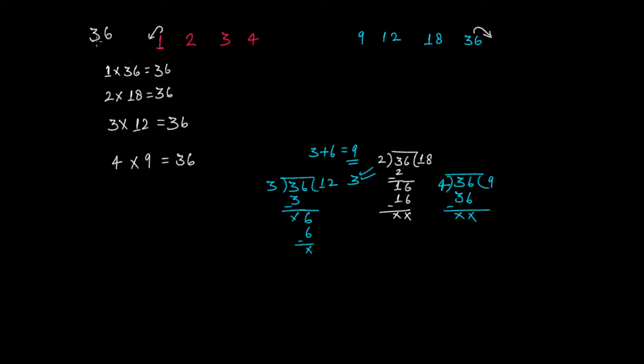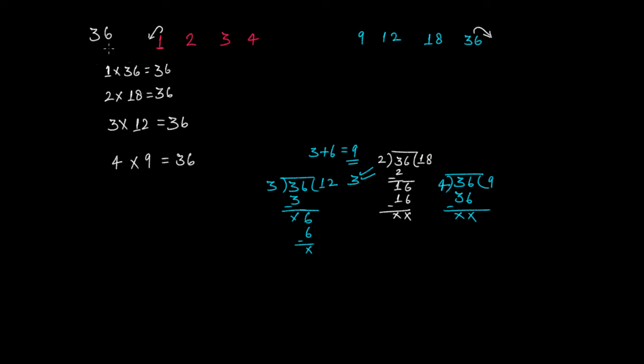What about 5? No, this number will not be divisible by 5 because it has 6 at its unit place. In order for any number to be divisible by 5, it should have 0 or 5 at its unit place. What about 6? For any number to be divisible by 6, that number should be divisible by 2 and at the same time by 3 also. 36 is divisible by 2 and by 3.